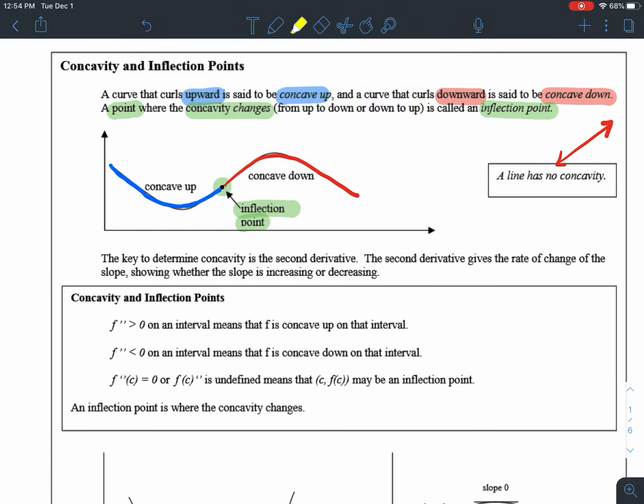Now, when we look at the second derivative being greater than 0 or less than 0, this is going to indicate what the concavity is, okay?